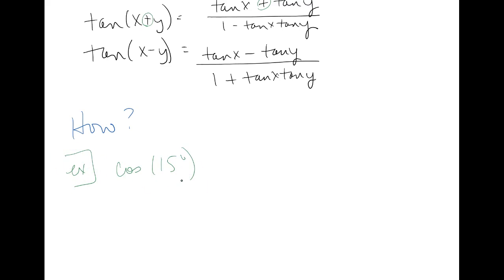Okay, so we already talked about the fact that you want to start by splitting it into two angles that you know from the unit circle. So I'm just choosing these two. You could also do, I guess, 60 minus 45. I mean, there's a lot of combos that you could choose, but I'm choosing this one. So now that I have this, this angle is your x from above, and this angle is your y from above.